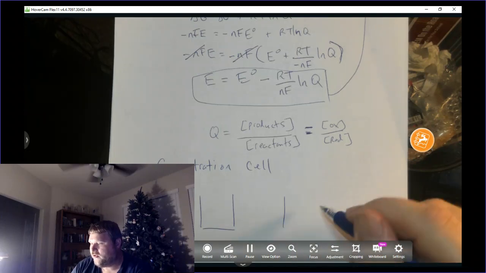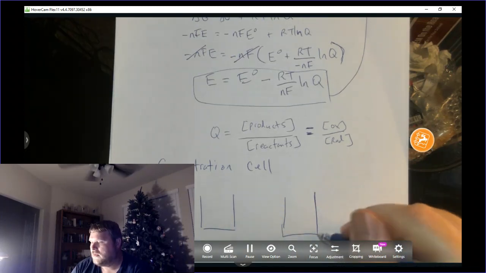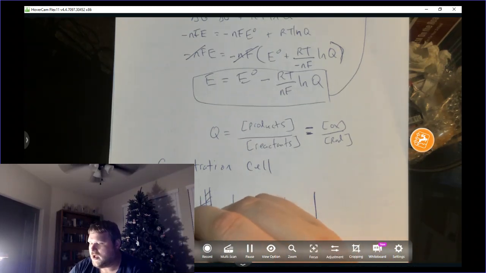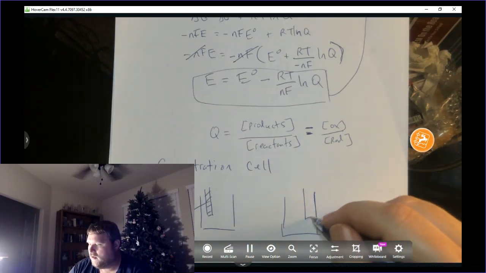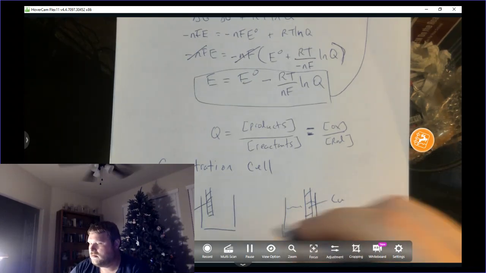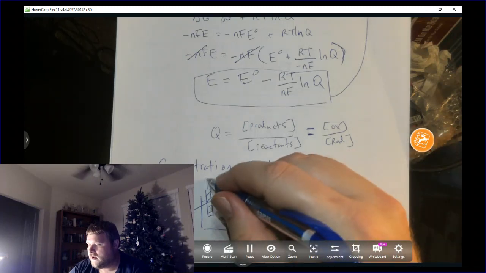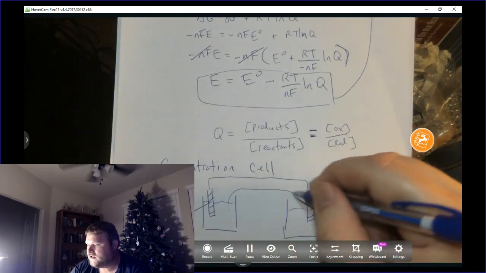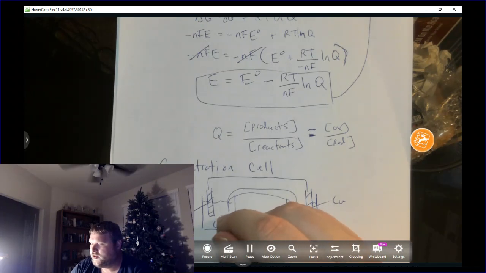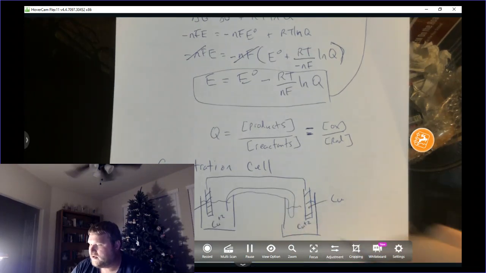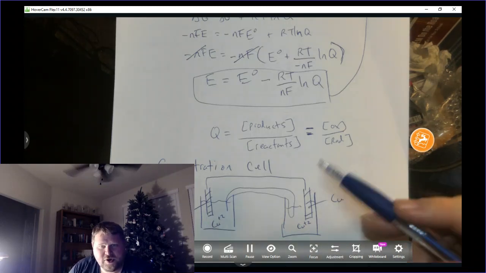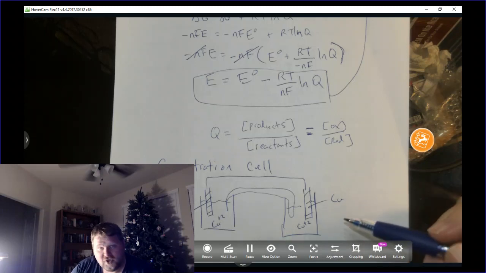Now, sometimes we can actually make cells out of the same electrode. So let's imagine we have here a copper electrode, and over here a second copper electrode. If I connected this, and we have our salt bridge here, and let's just say we have copper 2 ions in solution, copper 2 nitrate or whatever, common sense tells you that this cell is going to give you 0 voltage.